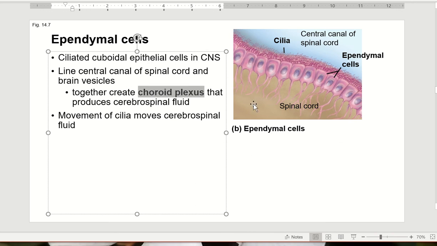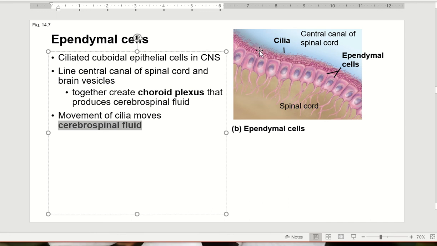They filter the extracellular fluid and create a fluid called cerebrospinal fluid. The cerebrospinal fluid is going to bathe all of the surfaces around and within the brain and the spinal cord, and it's also going to support the brain. So the brain actually floats within the skull on this tiny, tiny layer of cerebrospinal fluid, or CSF.